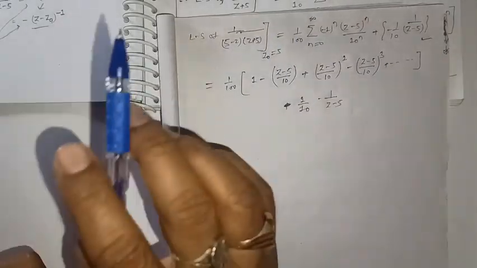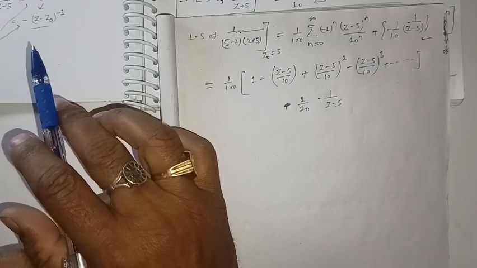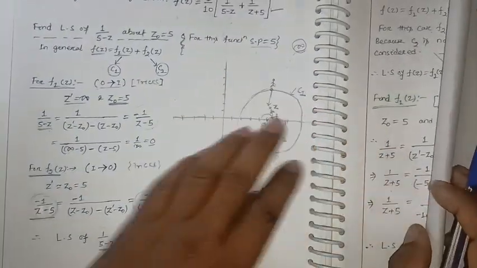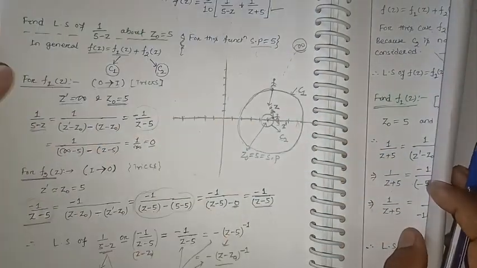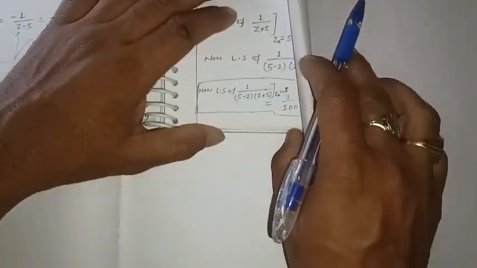This is the value we found, the Laurent series of this one, by considering C1, C2, by the traditional method you can say.